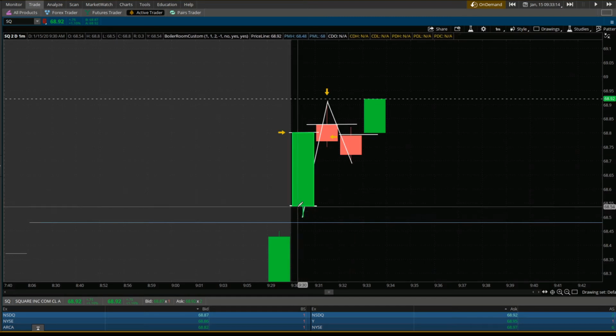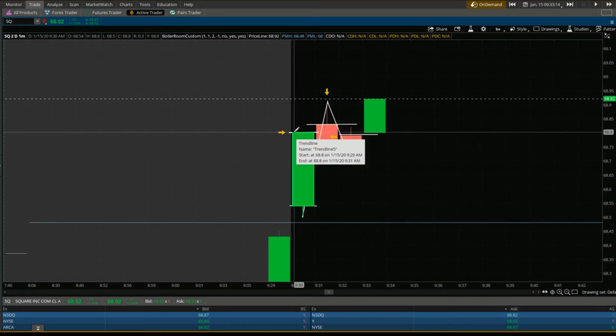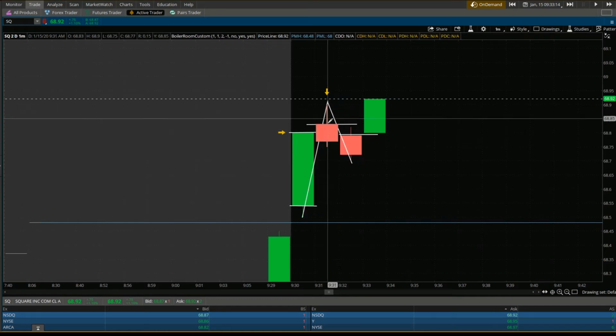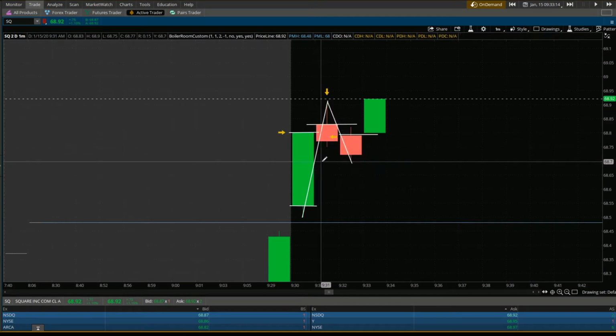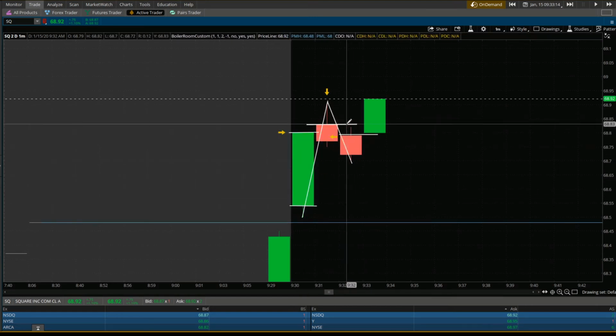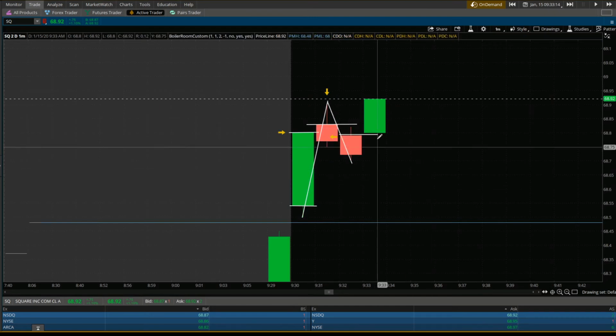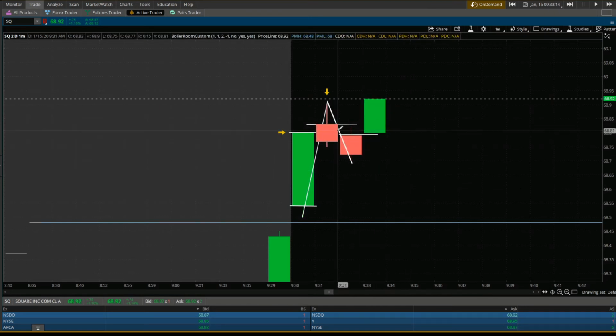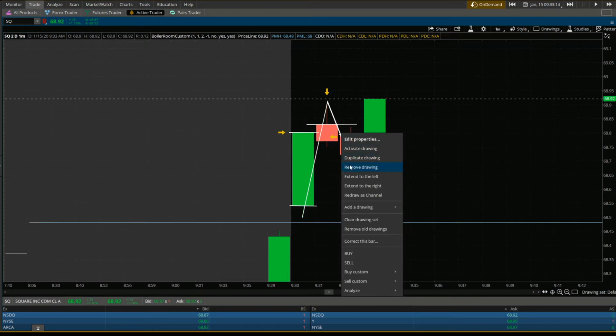So it took 1 minute for buyers to push the price from 68.54 all the way to 68.80. And then it took 2 minutes for sellers to bring it down, not even halfway back. This is telling us, this is putting us on alert for a potential breakout setup. So now that we're on alert for a potential breakout setup, let's delete some of these lines and go through this again.